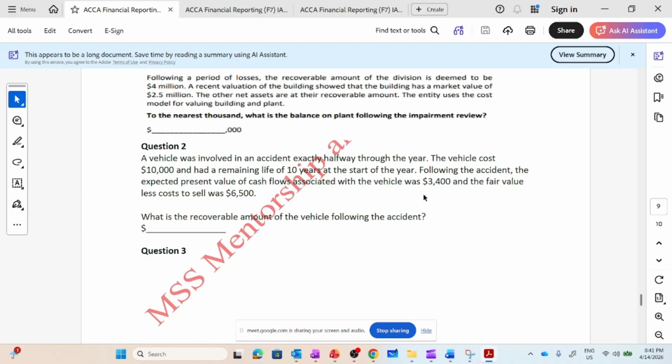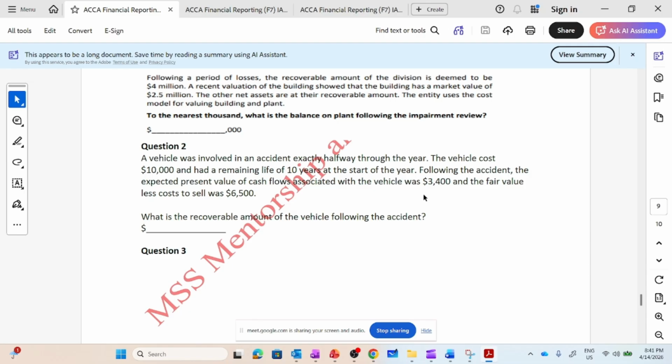What is the recoverable value? Question 2. No, question 11.